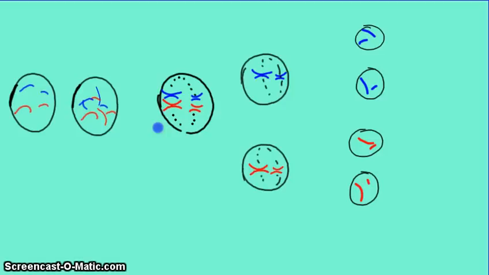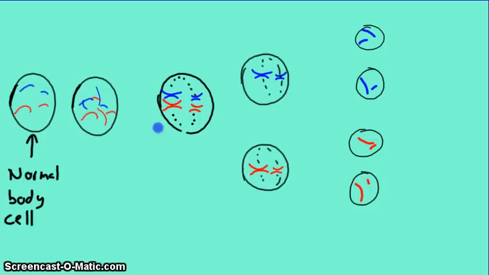So here's a simplified diagram of the process. And I'm going to start over here with this cell. And this would be a normal body cell. That cell would happen to exist in a part of your body that makes sex cells.